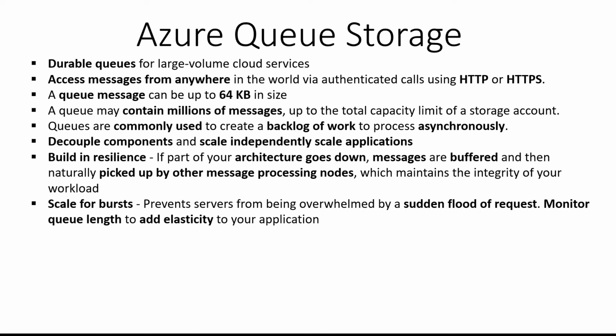Each message has a size limit of 64 KB max. But in the pipe we can have millions of messages, there's no limit, and it works in first in, first out pattern.